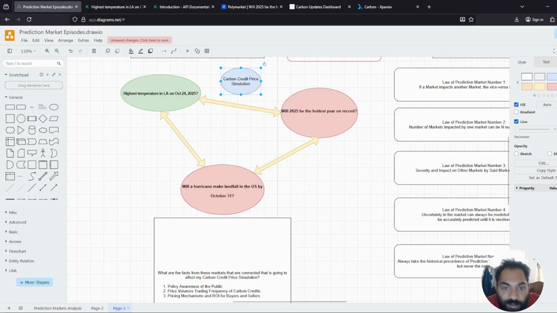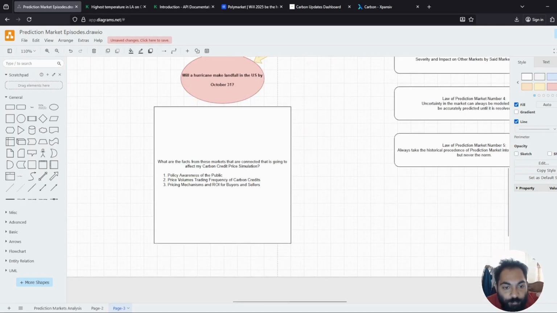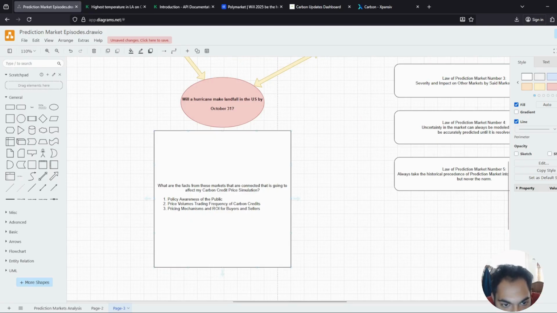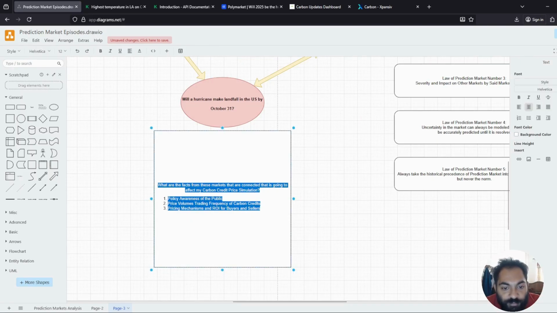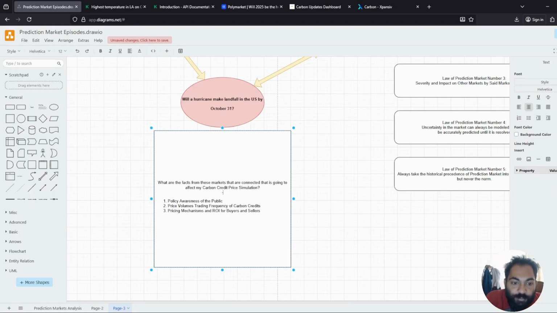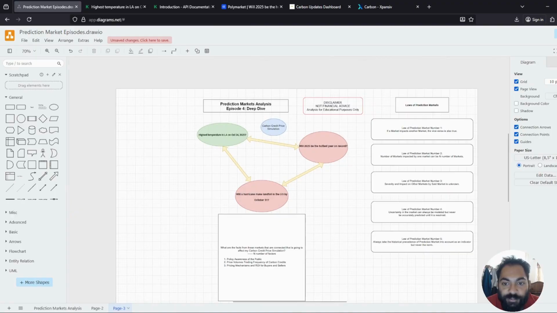So we'll have n number of markets, and as those markets grow, these factors are going to be n number of factors that impact all of this. So that's the general idea for today.